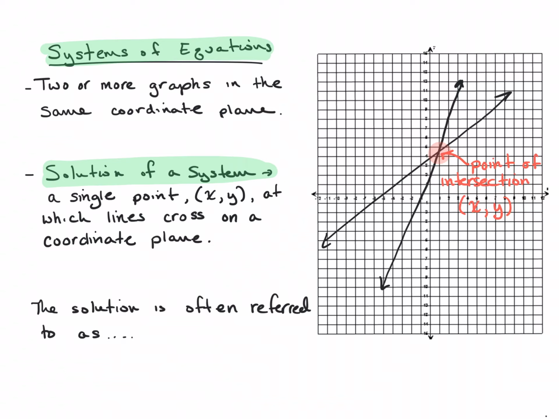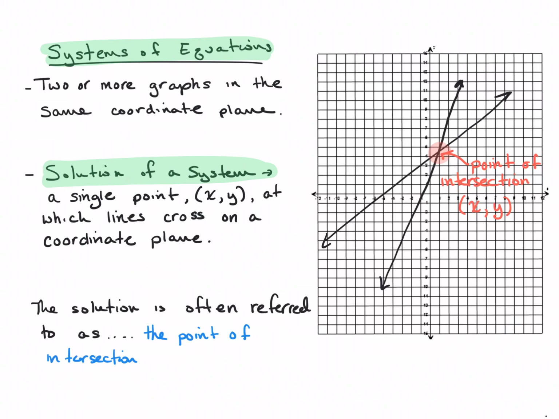Now, the solution to a system is often referred to as the point of intersection. Someone may just ask you, when you're solving your system, what's your point of intersection? They're asking the same question as what's the solution.